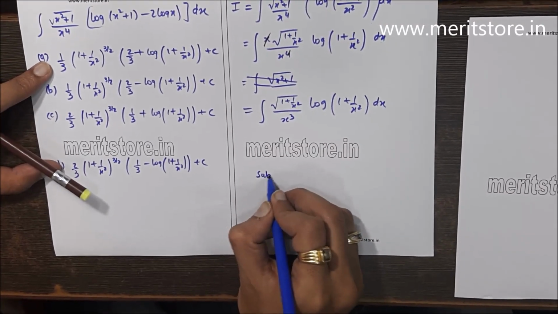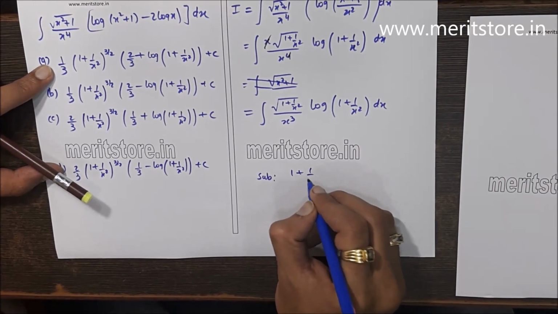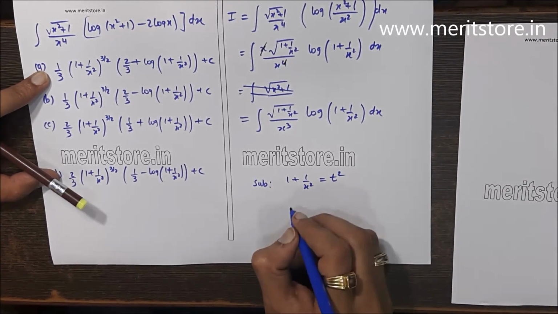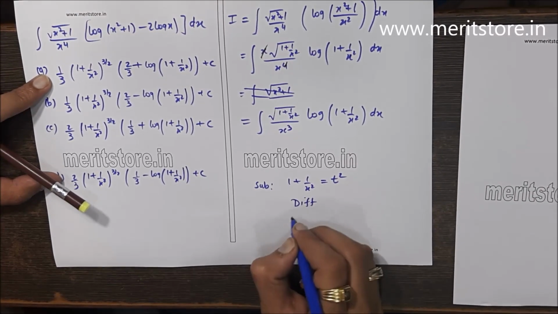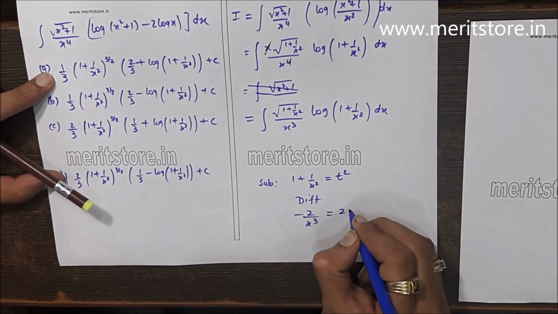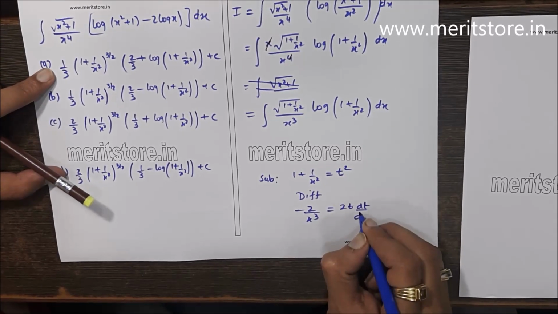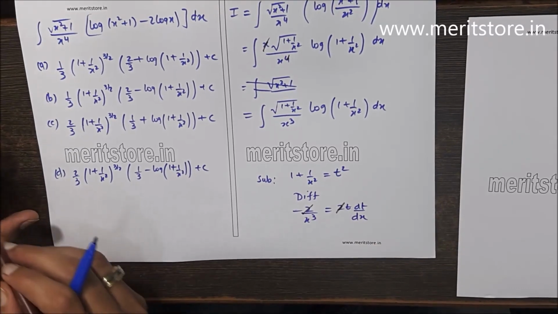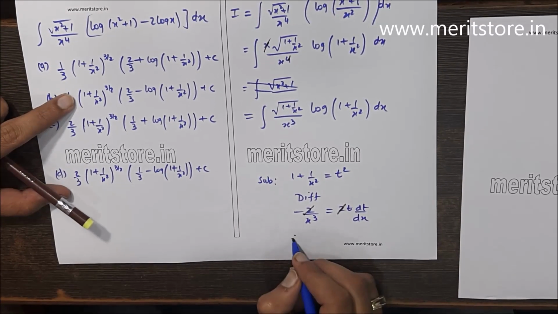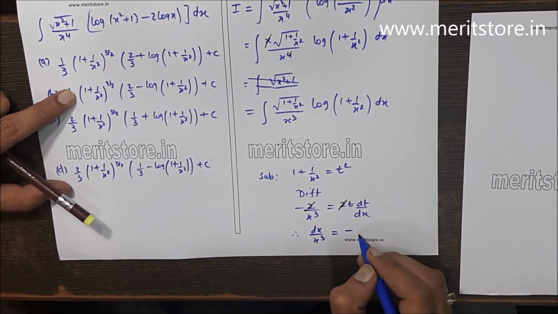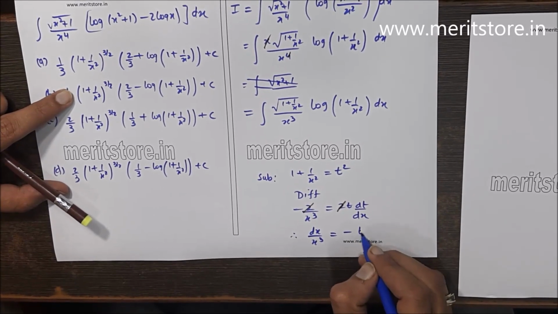I am now substituting 1 plus 1 upon x square as t square. On differentiation, I'll get minus 2 upon x cube equals 2t dt by dx. The 2 and the 2 will cancel off, and therefore dx upon x cube is equal to minus t dt.